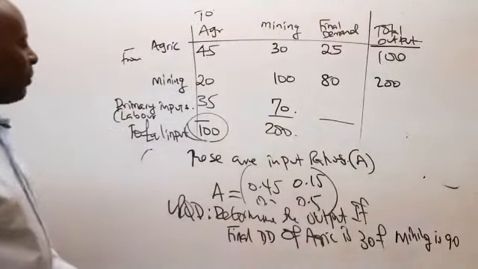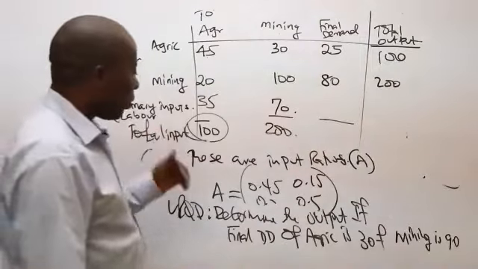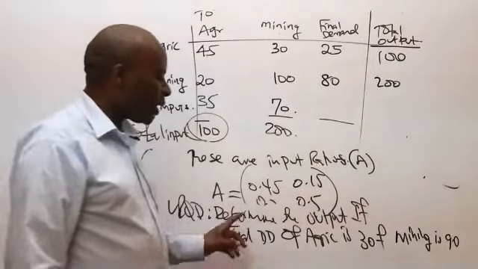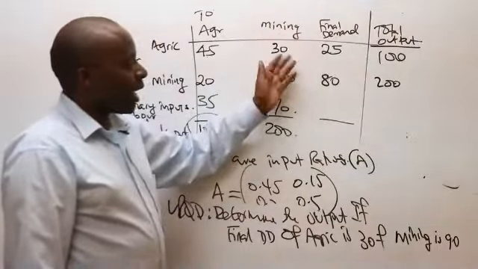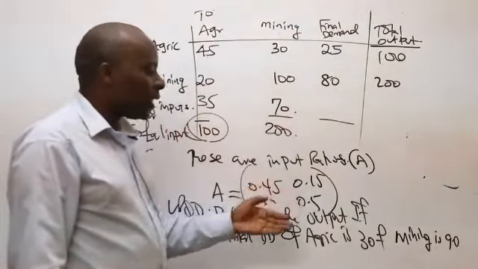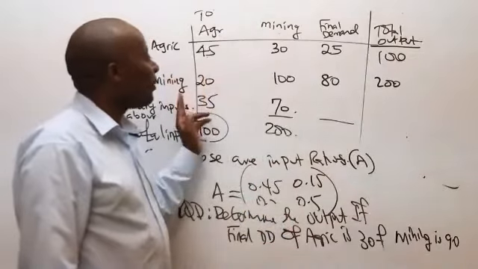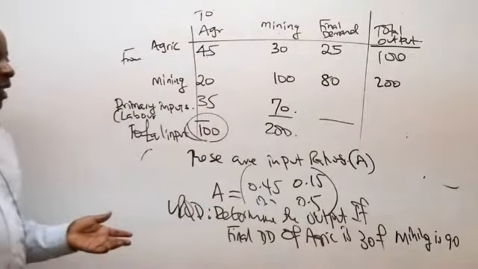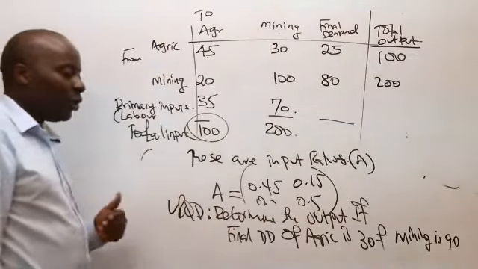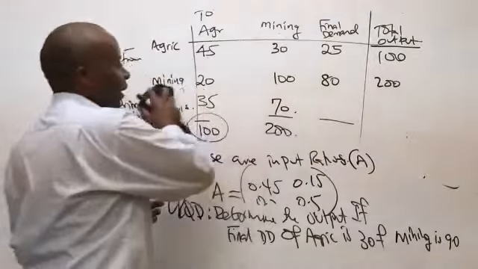So, ladies and gentlemen, remember, you'll get a situation in another requirement where the examiner tells you to determine the output if the final demand changes, say to 30 and 90 for agriculture and mining respectively. Then what shall you do? That is very easy. This table is now useless.